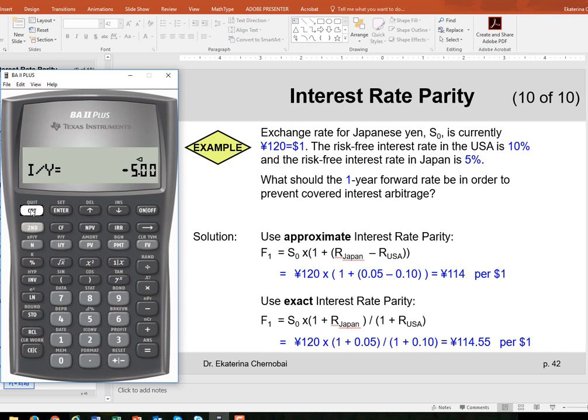And then I press compute future value, 114. So 114 yen per dollar is the 1-year forward rate between the Japanese yen and the dollar that would allow investors to be indifferent between which country they invest their money into, whether it's Japan or the United States.